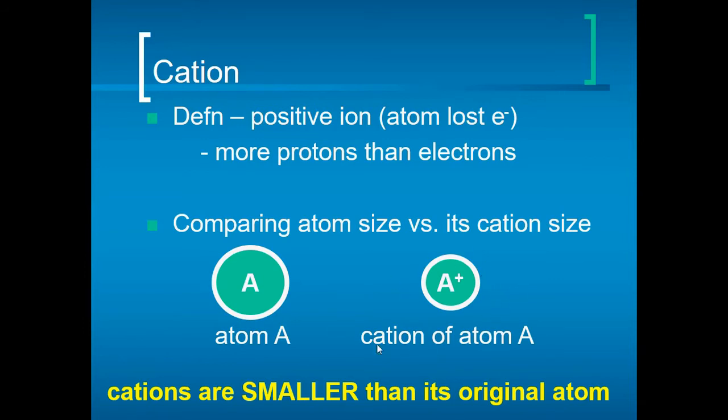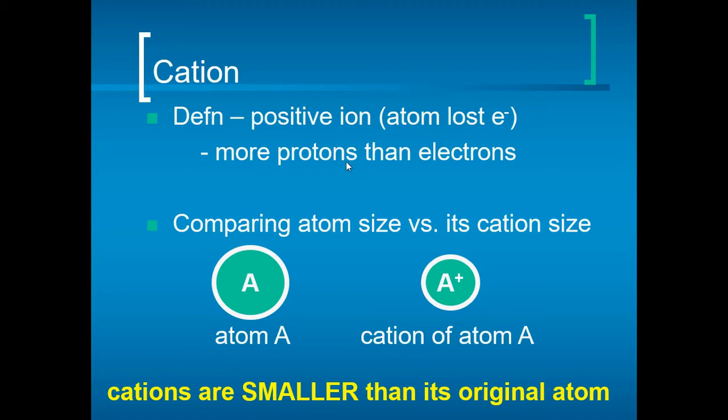Why is that? Well, we have more protons than electrons. We have more parents or adults controlling the kids. The more adults you have, the more under control those kids are. The more protons you have, the more under control those electrons are, so that the whole atom shrinks in size.